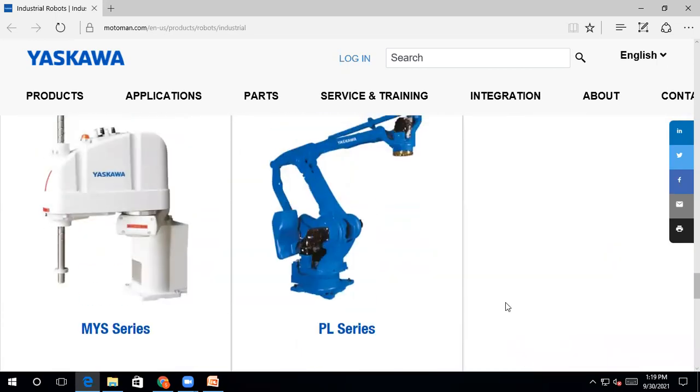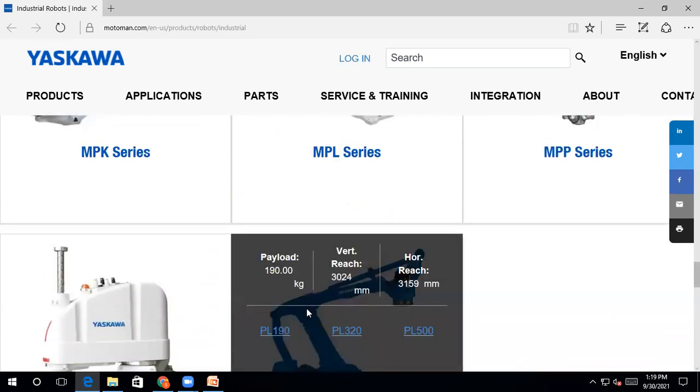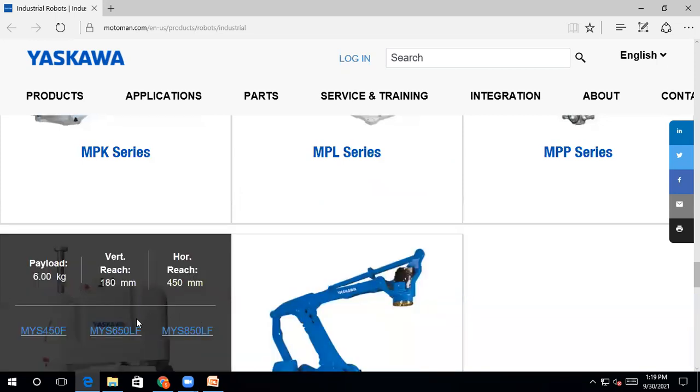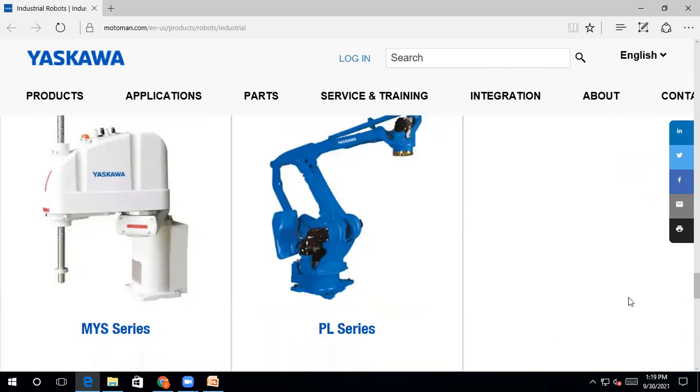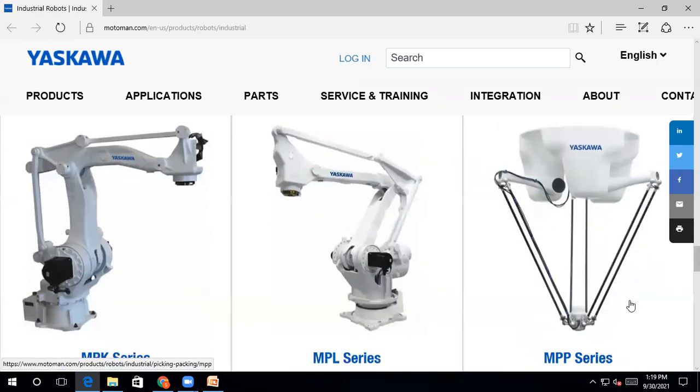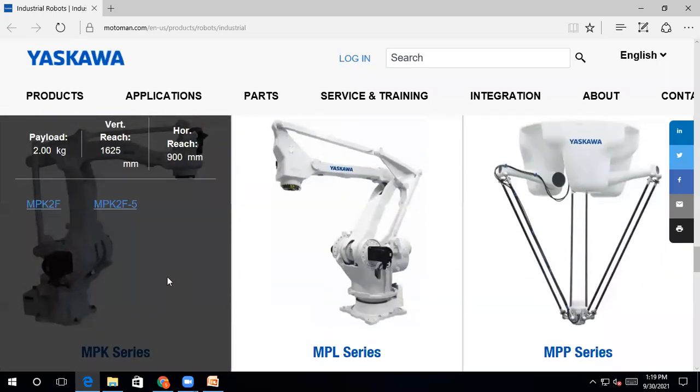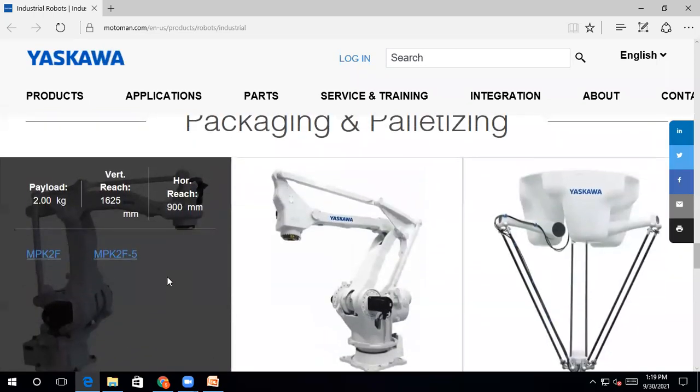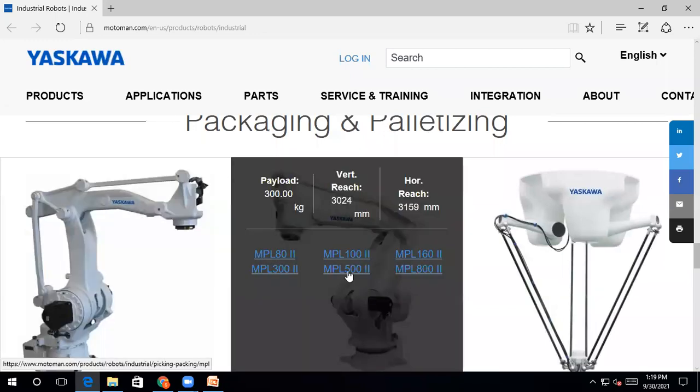Now next, the MVS series, packaging and palletizing. First is the MPK series, payload 2 kg, vertical reach 1625 mm, horizontal reach 900 mm.